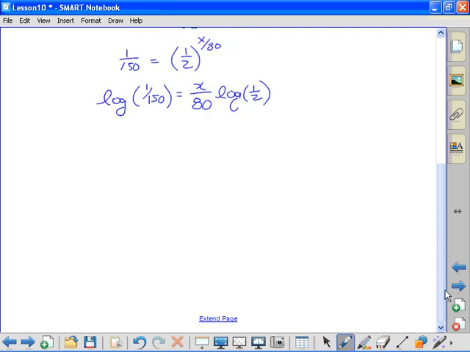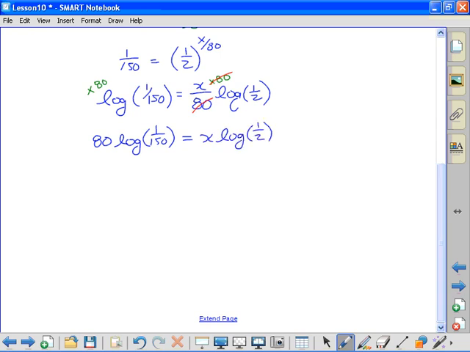What's happening to the x? Well, it's being divided by 80. So the inverse operation would be to multiply by 80. So using your inverse skills, we'd end up with 80 log 1 over 150 equals x log 1/2, since multiplying by 80 cancels the dividing by 80.